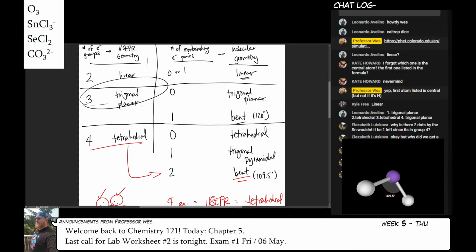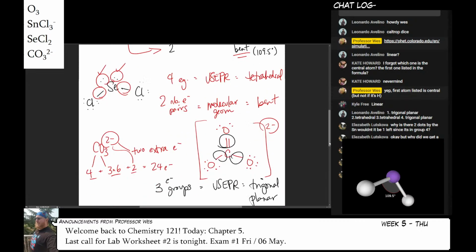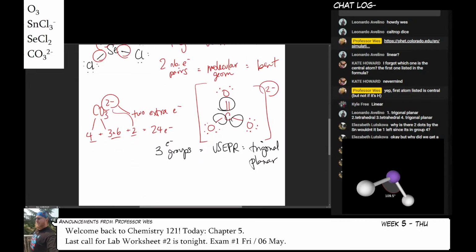And of those 3 groups, 0 of them were electron pairs. So no non-bonding electron pairs on the central atom. So the molecular geometry is also trigonal planar.